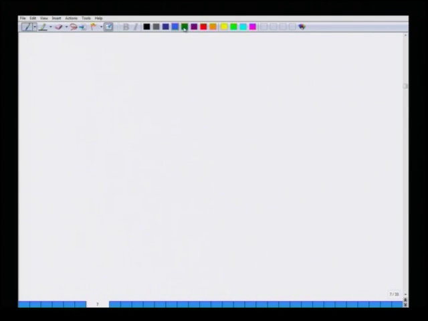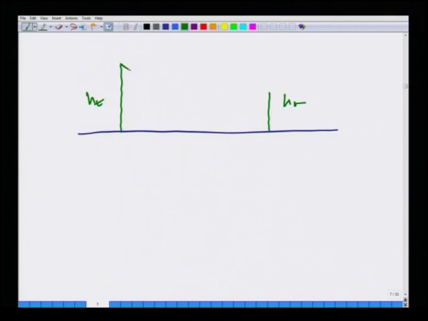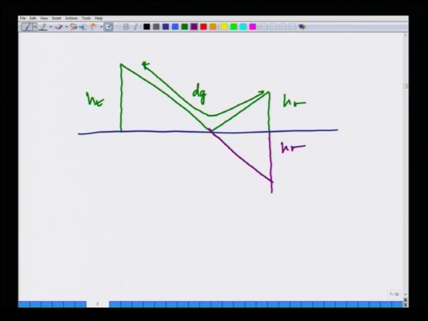Similarly, now let us compute dg. That is slightly involved, but nevertheless again intuitive. I have again ht, hr, and the ground reflected component such that theta incident is basically theta reflected. The length of the ground reflected component dg is nothing but the sum of these two components. What I will do is use the method of images. I am going to extend this below by hr, and I am also going to extend this below. You can see that these two are equal in length.